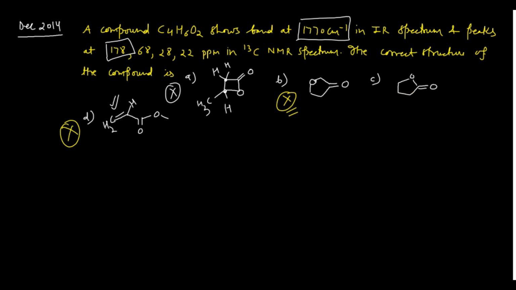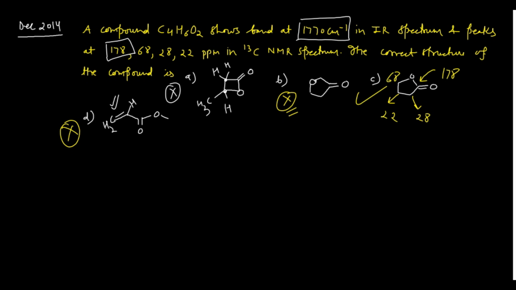You can mark that out of these two, this and this, one should have 28 ppm and the other 22 ppm, and since this carbon is close to the oxygen, it should have 68 ppm and the other your 178 ppm. So option C in that case is looking like the correct option, and indeed it is the correct answer.